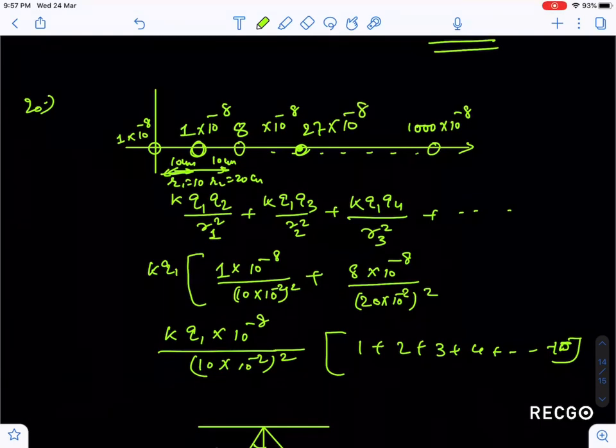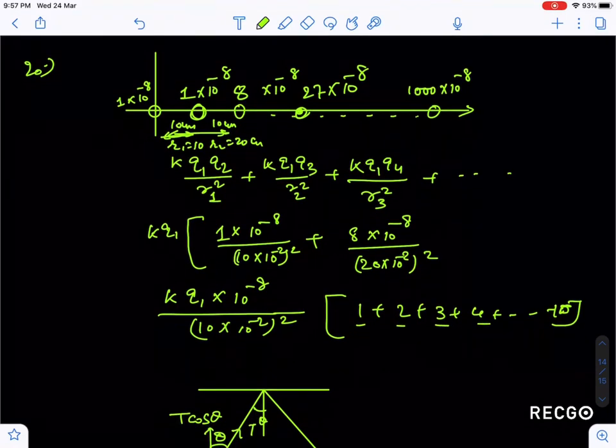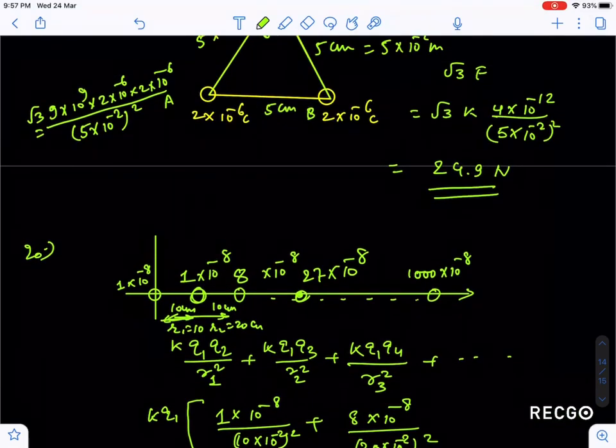So first I'll take out k q1 q2 divided by r square. When you just take these things out of the bracket, this becomes 2 square and this, so the series will become 1 plus 2 plus 3 plus 4 up to 10. If you are not getting this point, try to write all the forces.